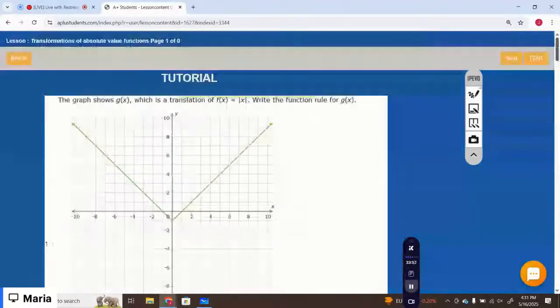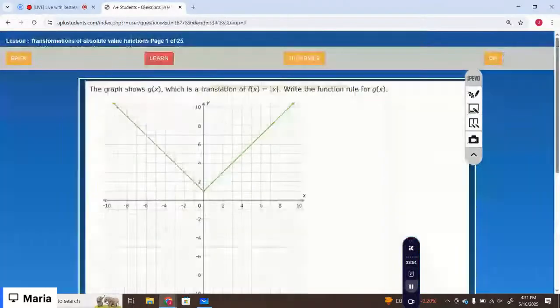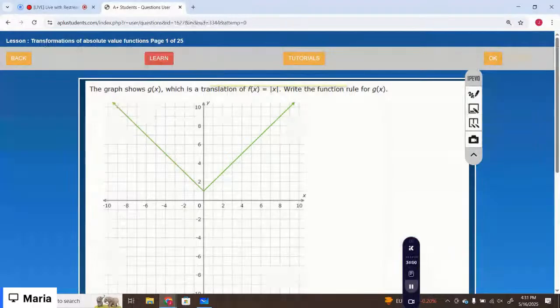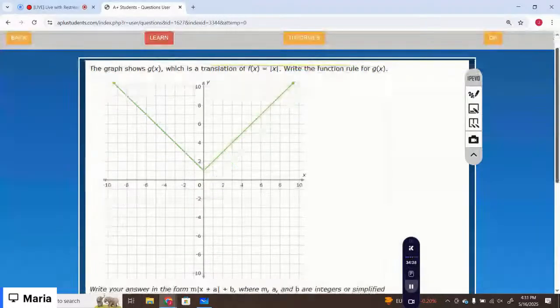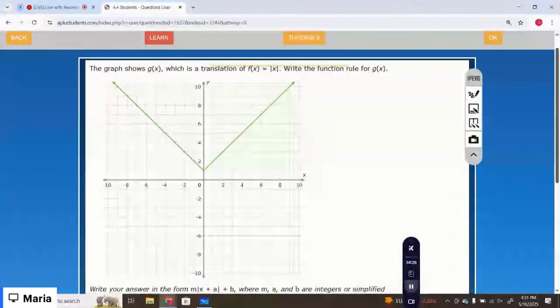Let's just start with the test questions. The graph shows g of x, which is the translation of f of x equals the absolute value of x.